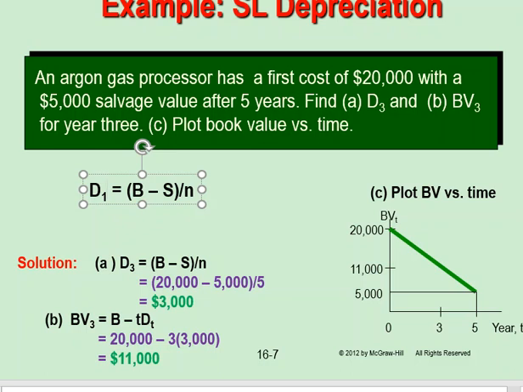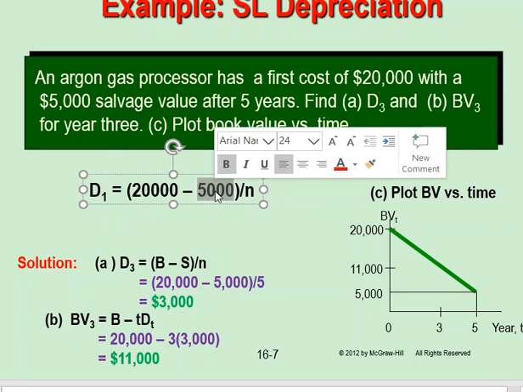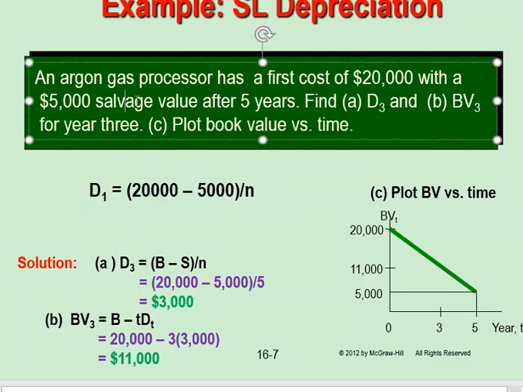In our example, we have this $20,000. The salvage value is $5,000. But is this 5,000 the depreciation after a year? It is the salvage value after I'm done, after everything is up. So salvage value is related to N.